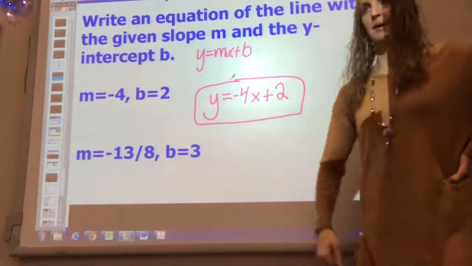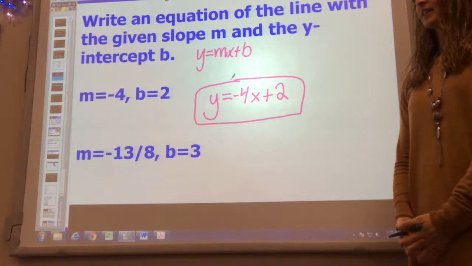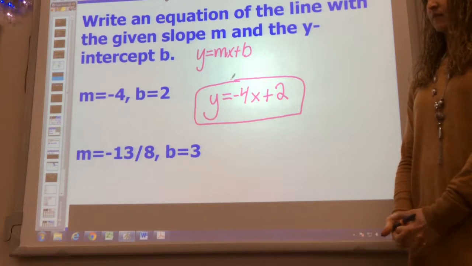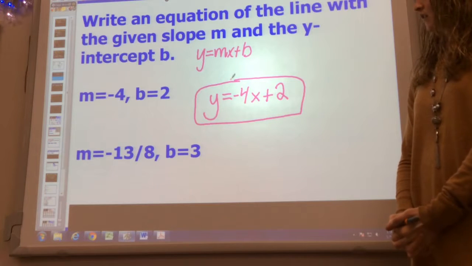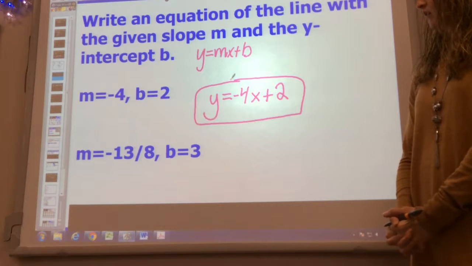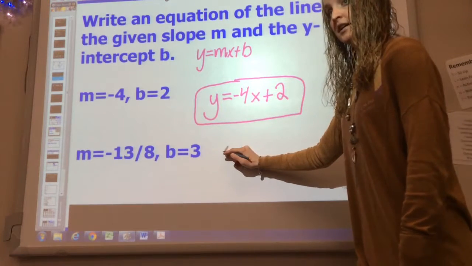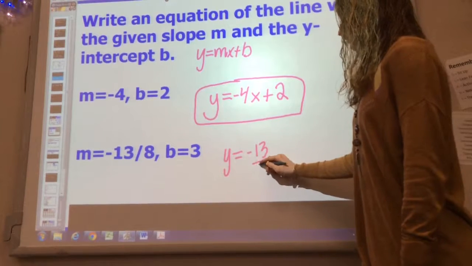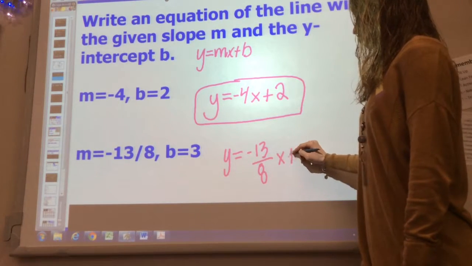So let's try the bottom one then. What do we have for the bottom one? y equals negative 1/3 x plus 3.